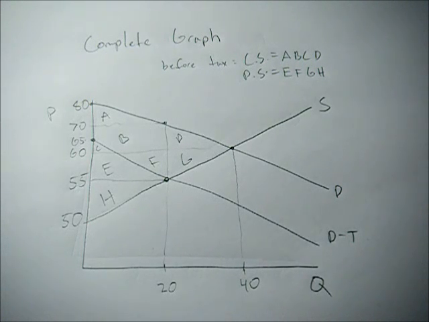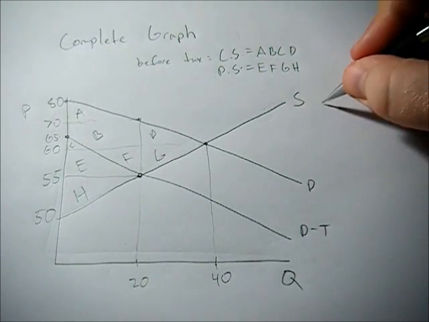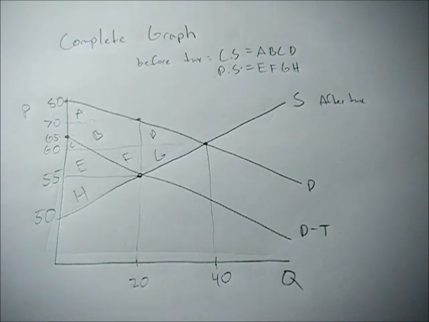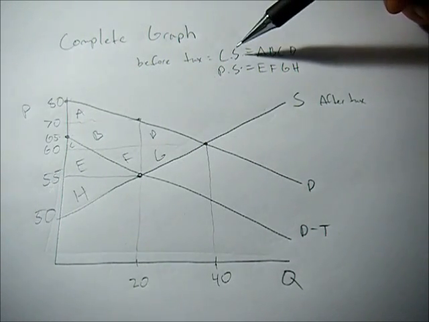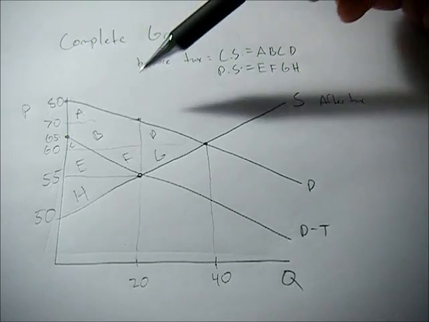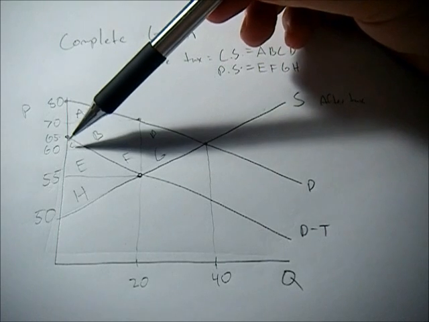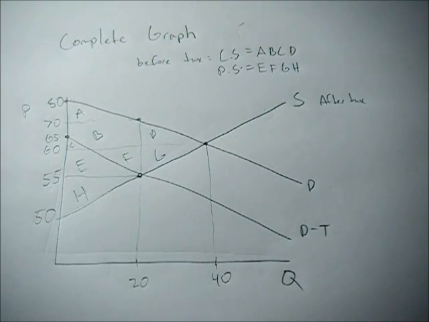Now after the tax, and if you remember before, consumer surplus was equal to 400, so that's half base of 40 times height of 20. That gives us 800 divided by 2, or 400.